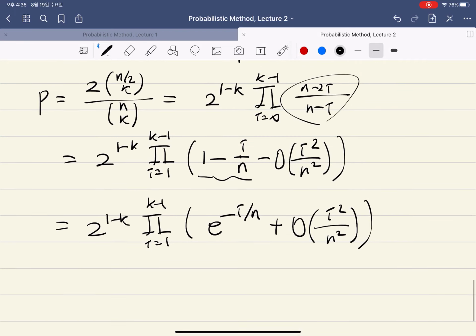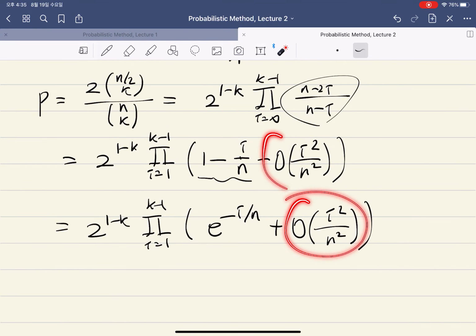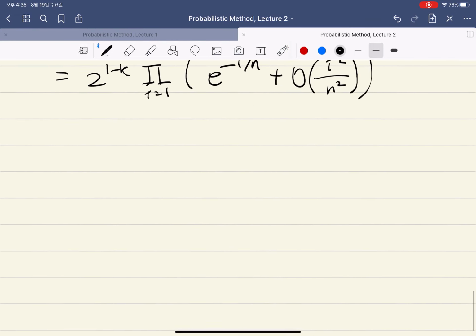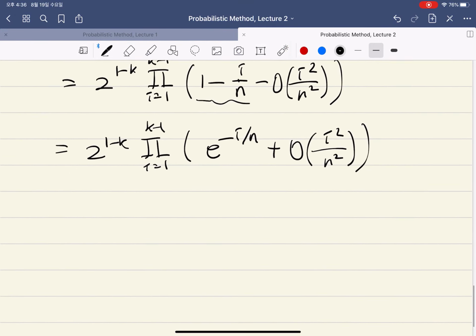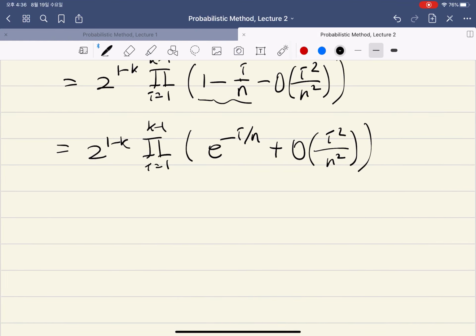Here we can ignore this because i is at most k, and n is some number that we will later choose as much bigger than k. Then what do we get? The p is approximately 2 to the 1 minus k, e to the minus k squared over 2n.